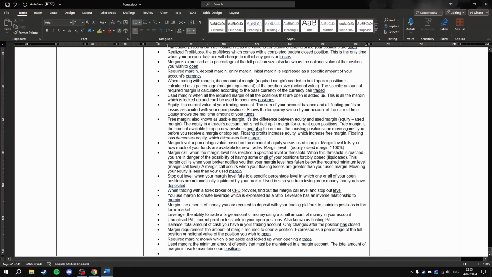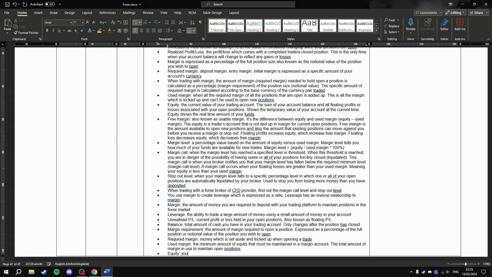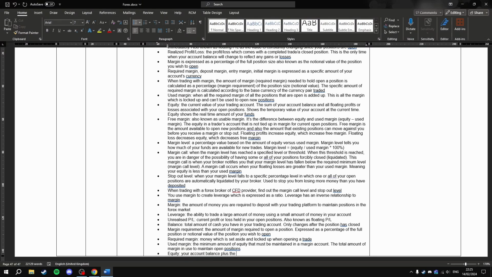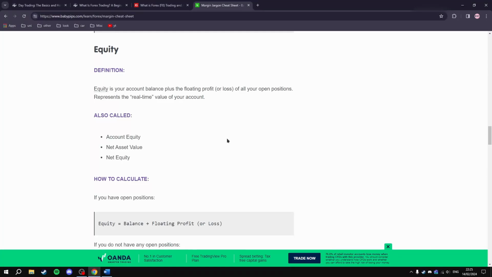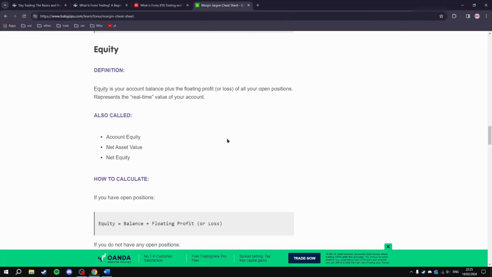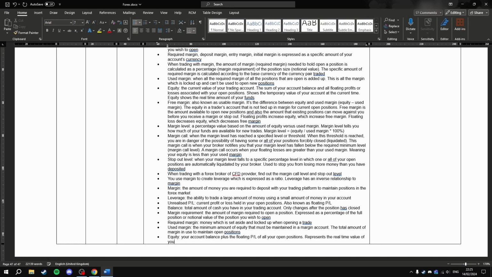Equity. Equity is your account balance plus the floating profit or loss of all your open positions. It represents the real-time value of your account.